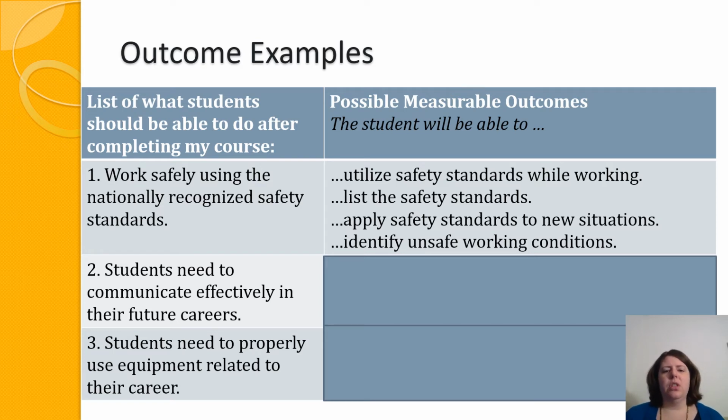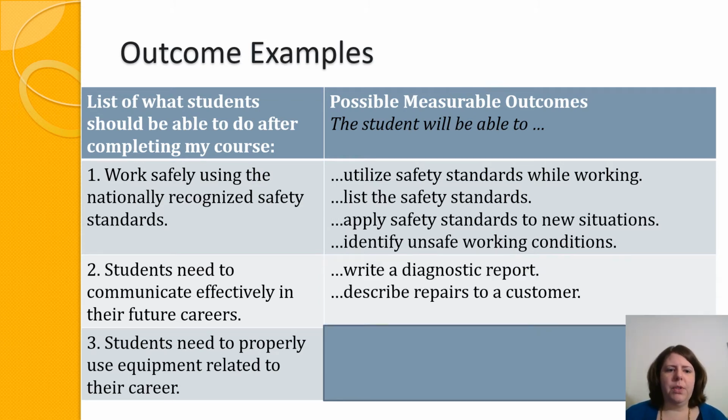So it's an application level because the student is able to look at safety standards and then identify or pick out where there are unsafe working conditions. And so this is a little bit higher level, but be aware that sometimes your verbs can be listed in a lower level, but the activity is higher level too. So we have a lot of flexibility with those verbs.